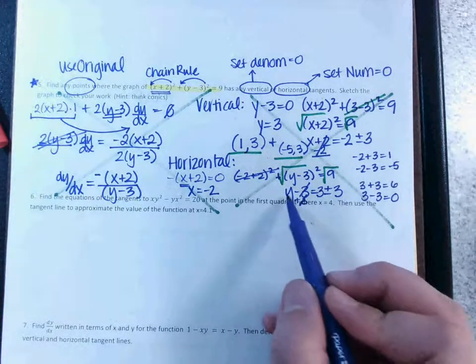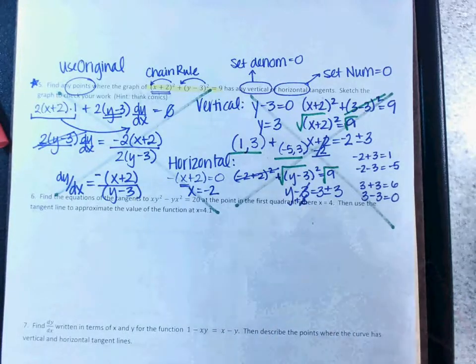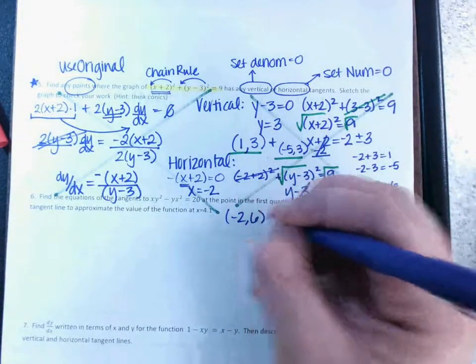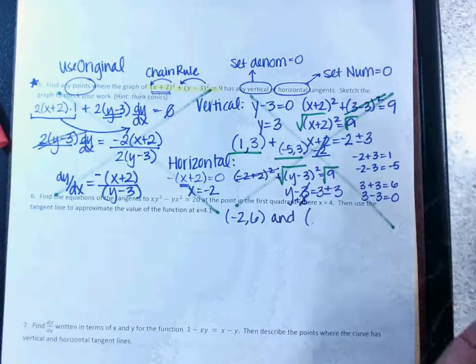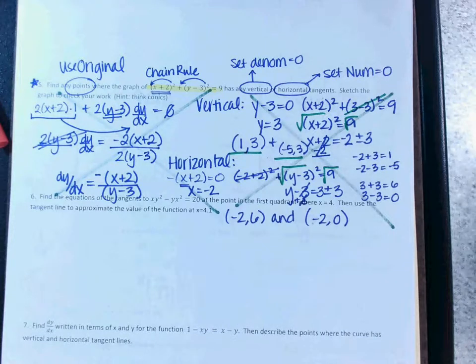Now remember that these are y values. So when I write my ordered pairs, it's going to be (negative 2, 6) and (negative 2, 0).